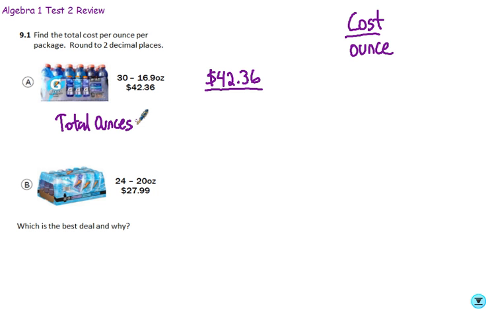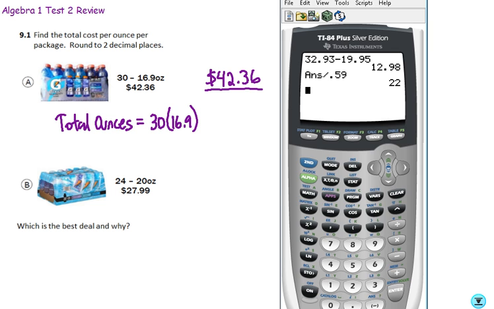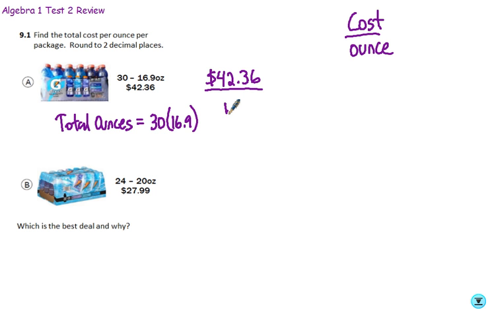I'd take the 30 bottles that are 16.9 ounces apiece and multiply those. We can use our calculator for that. So we'll say 30 times 16.9, and we get 507. So there's a total of 507 ounces in this whole container.